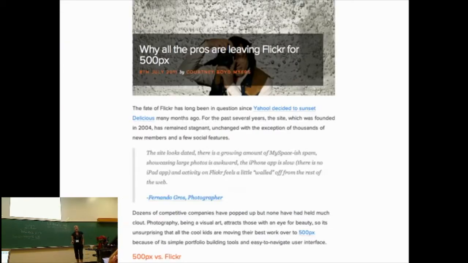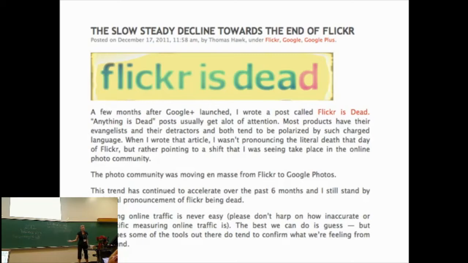Now, what about Flickr now? Professional photographers are starting to leave because the site, the interface, has not been updated and invested in. People are claiming that Flickr is dead. I love Flickr. I would do anything to save Flickr.